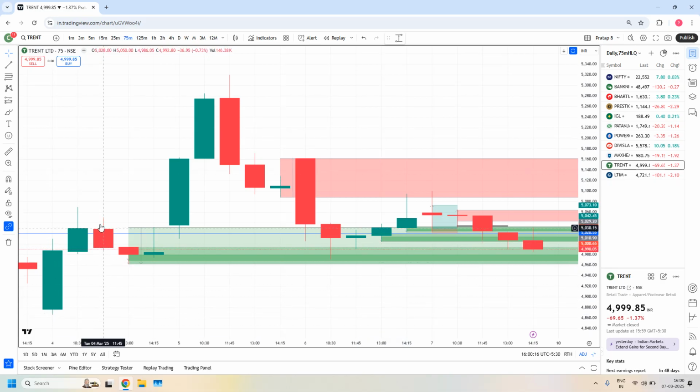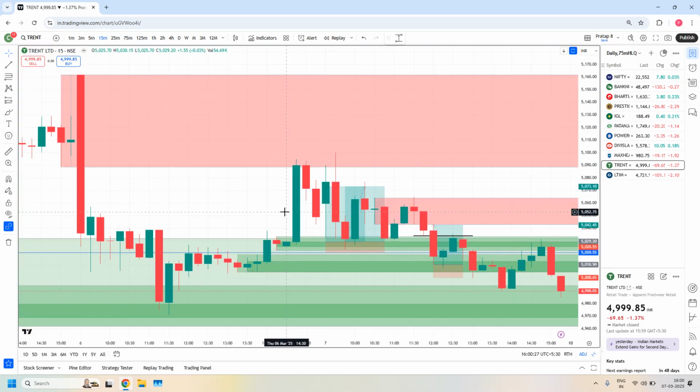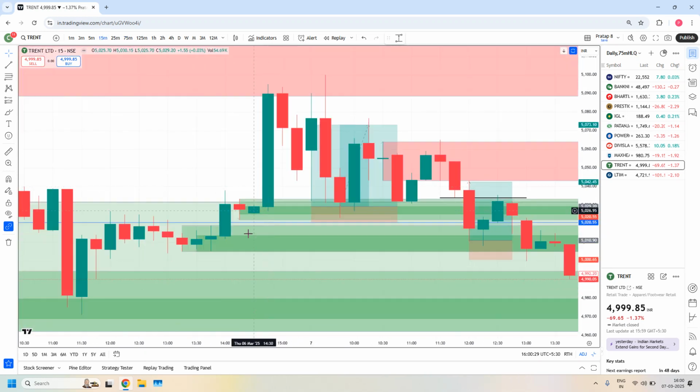Okay, this is our software. According to our software, this is a drop, 2 base candles and a rally candle. This 75-minute zone is fine-tuned with the 15-minute time frame. See how many 15-minute zones are here. Here we have a rally, 2 base candles and a rally.